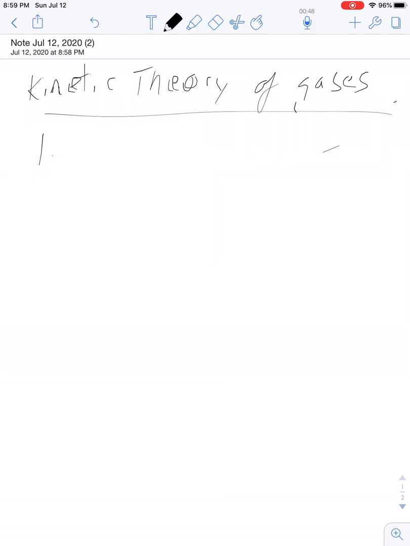The first point is that gases are assumed to be point masses. A point mass means that you have mass but no volume.